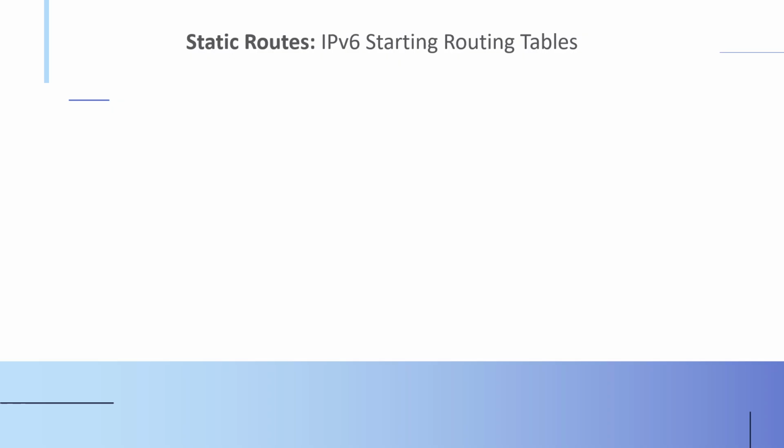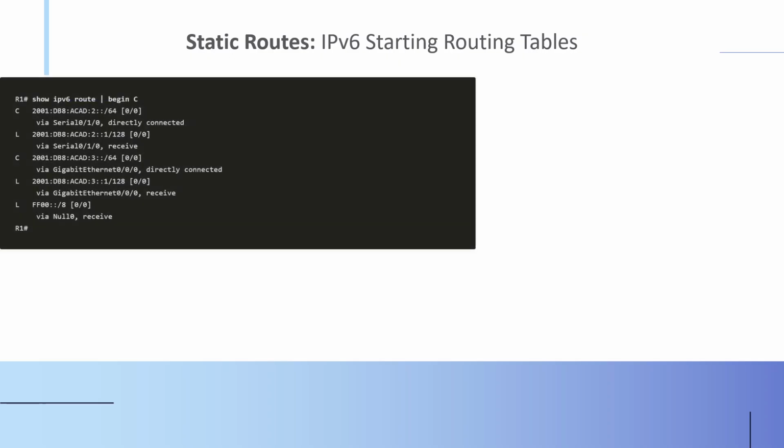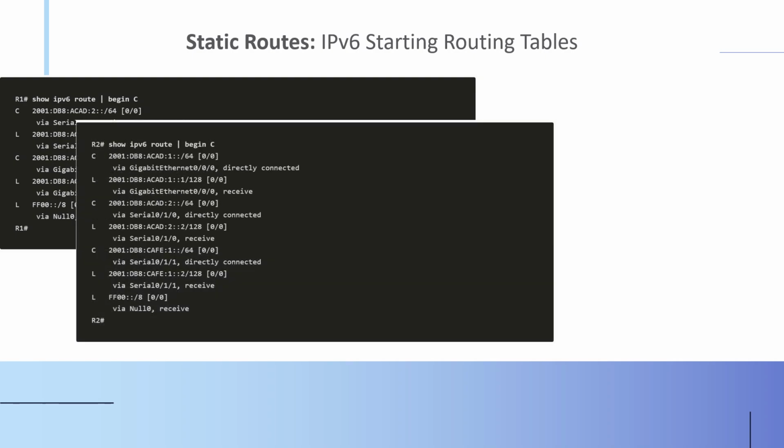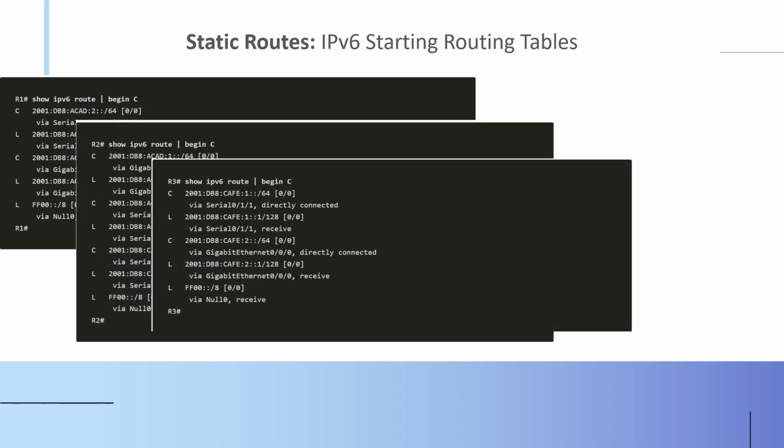Similar to IPv4, we use show ipv6 route. And here again, we can see that there are only directly connected networks for each of the routers, router 1, router 2, and router 3.